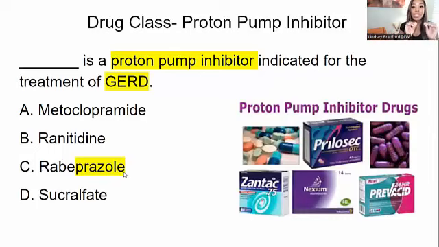So anytime you see Prazole, a lot of times it's going to be your answer when they're asking you about drugs that are used to treat GERDs and drugs that are classified as a proton pump inhibitor, okay? Sometimes it's not about trying to remember every drug, but it might be more so about trying to remember the prefix, infixes, and the suffixes, okay?